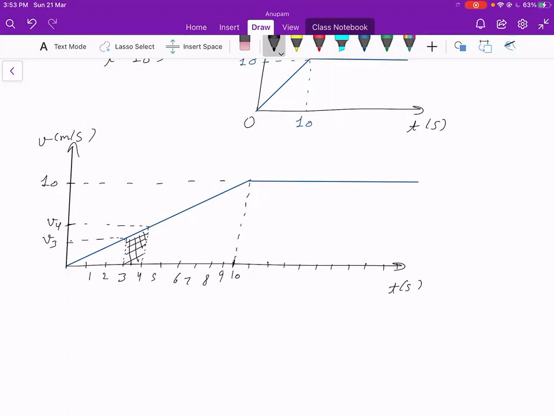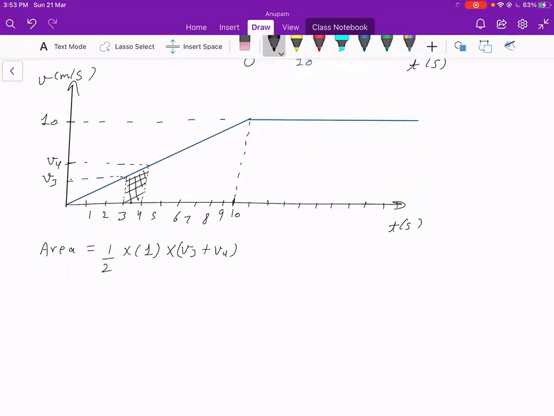H is 1. A and B are V3 and V4. Correct. So if I were to write, area is equal to half into 1 into (V3 plus V4). Is that correct?